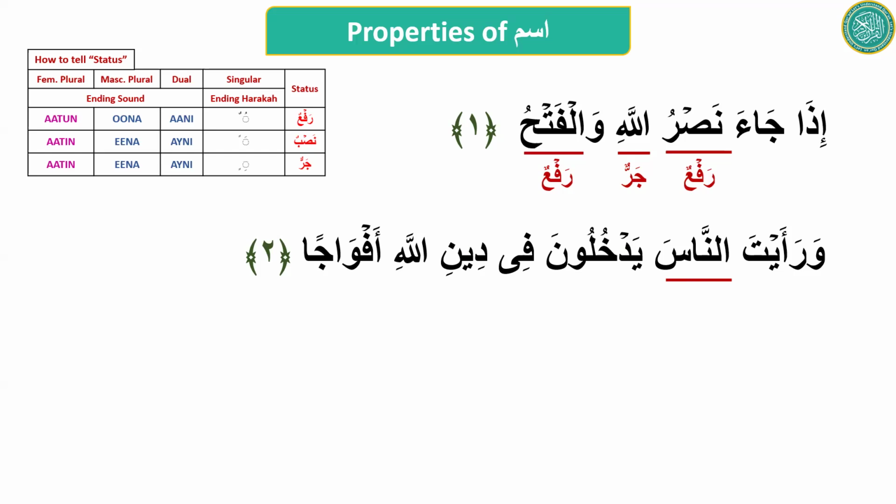Brother Farruh Hamid: it's nasb. How do you know it is nasb? It has the fatha at the end. Yeah, so it is the ending haraka because it's a singular word, right? Okay. Dini. Dini is jar. Yeah, good. Thank you, brother.